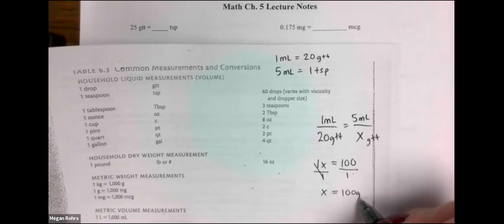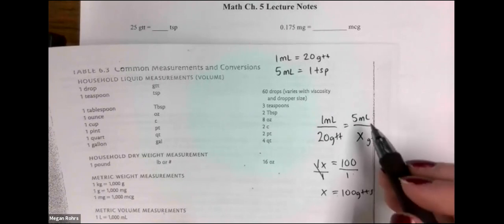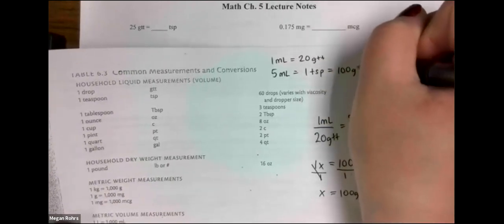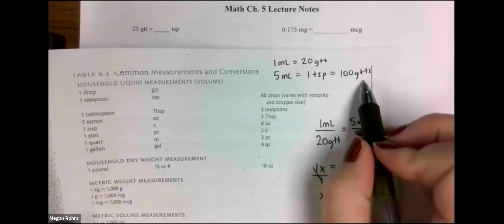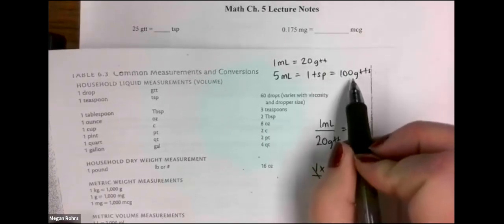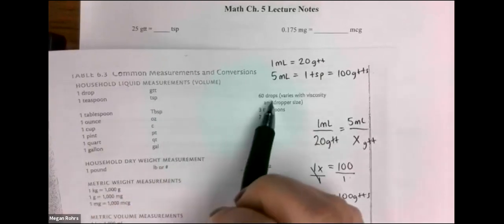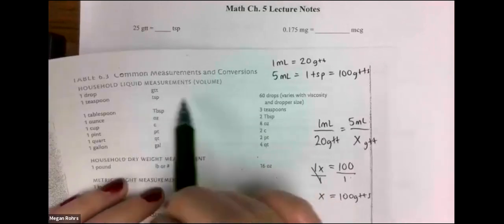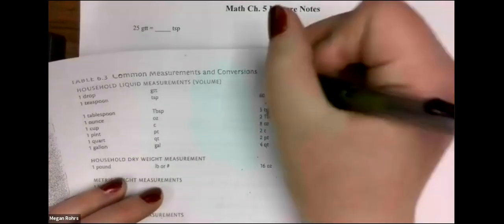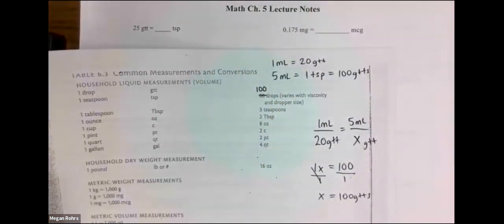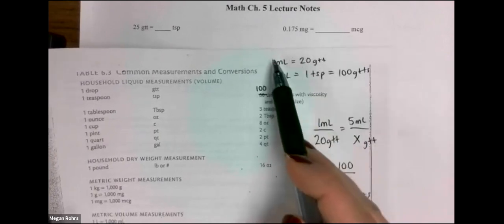So x actually equals 100 drops, okay? So if we just solved for 5 mils equals 100 drops, then 1 teaspoon must also equal 100 drops. So I want you to make that correction on your handout, like I said, if I have not already. So 1 teaspoon, we're actually going to use 100 drops there, just because it goes along with this conversion that we need to know.